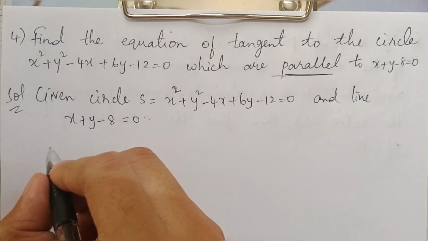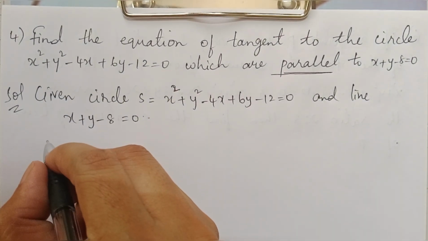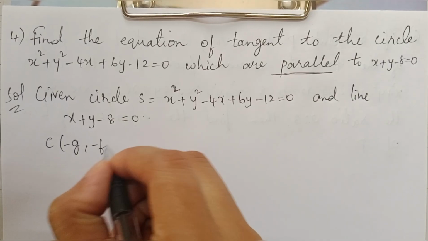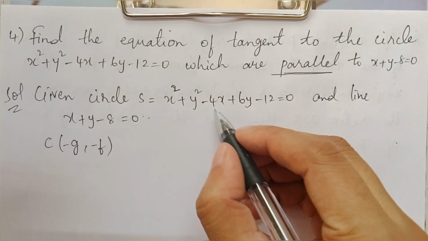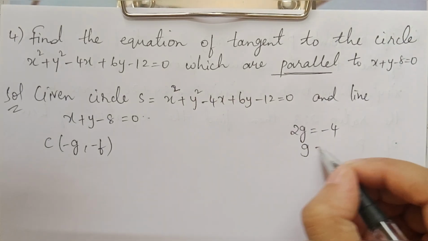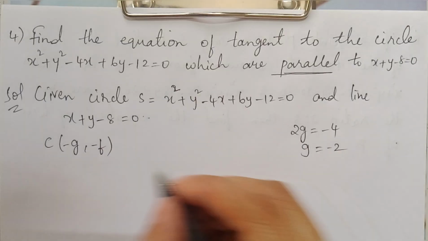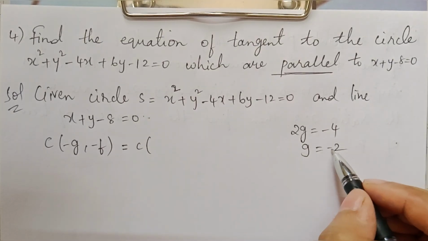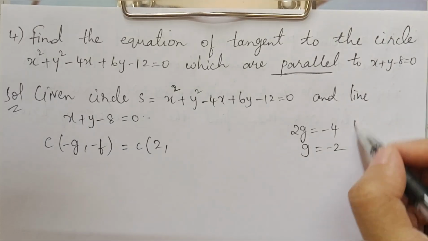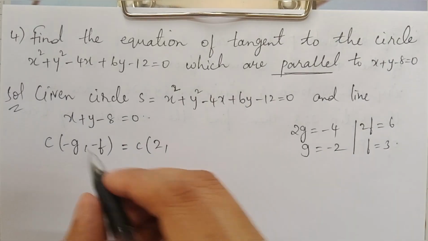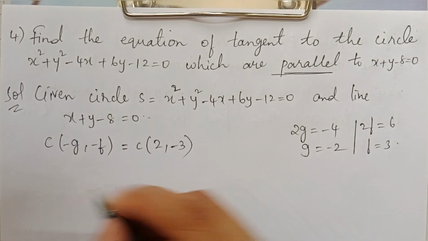We will find the center and radius first. The center is given as minus g comma minus f. Here 2g equals minus 4, so the value of g will be minus 2. Here also it is negative of g, so this becomes positive. And 2f equals 6, f equals 3. Here negative, so it is minus 3.